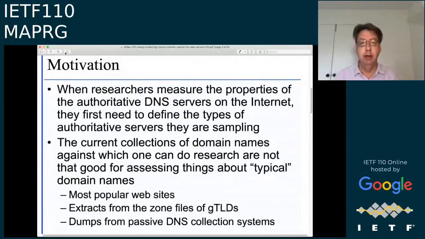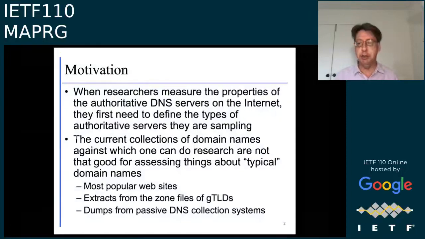But those aren't typical. And the request from DPRIVE was that we were trying to measure how long it takes to set up a TLS connection on a typical web server. Turns out we didn't end up using the research, but it was fun to do anyways.